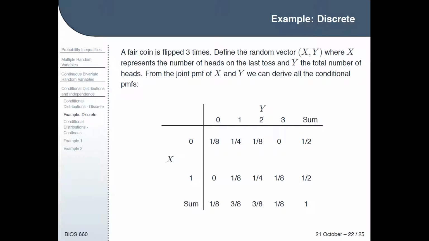Or if we're given that the total number of heads is 1, the probability that the last one is a head would be 1/4 divided by 3/8, and I'm not even going to embarrass myself by trying to divide fractions in front of the classroom, but you get the idea.